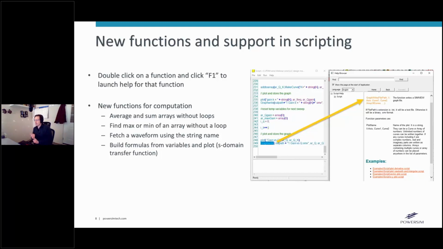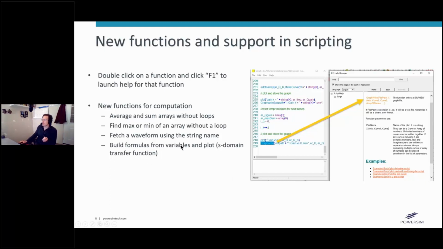You can find the maximum or minimum without having to go through and look for each point individually in a loop, and you can also average it very easily. And you can build formulas and functions just as you would. You define a function which has variables in it, which are then functions of other functions, and you can build a Bode plot of something if you want to. I think this is very, very good.